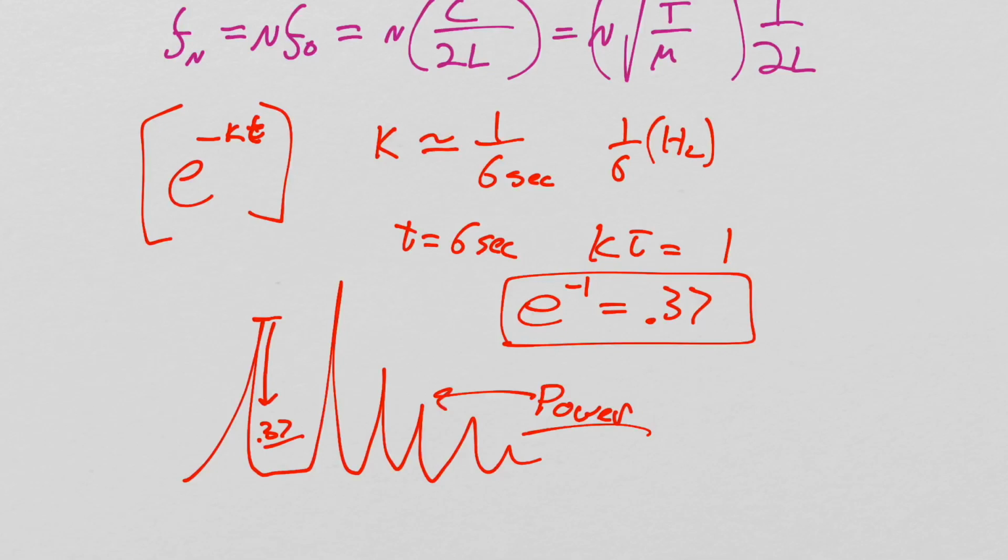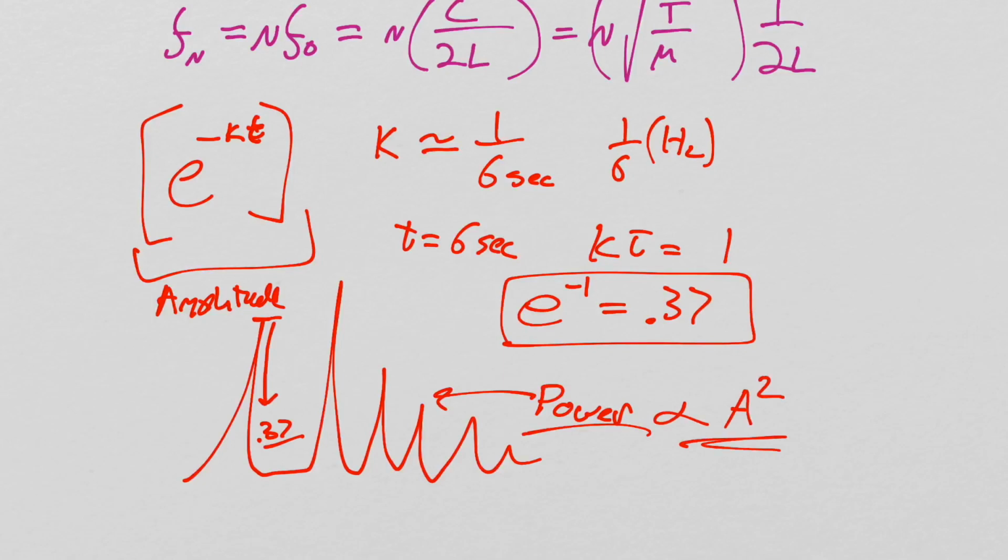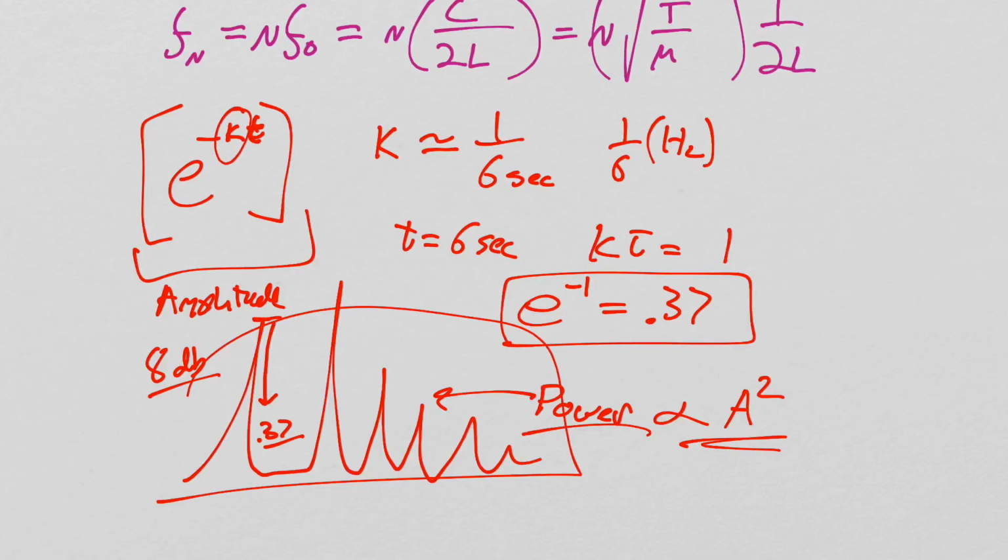And this here refers to a factor that suppresses the amplitude, and the power is related to the amplitude squared. So you've got to be a little bit careful. In the end, you're looking for something around an 8 decibel drop, for what it's worth. We'll talk about that in later lessons. But the point is that by using a spectrum analyzer, you can measure this value K.